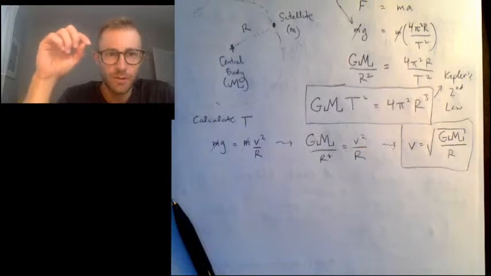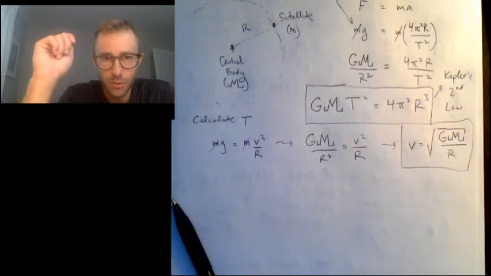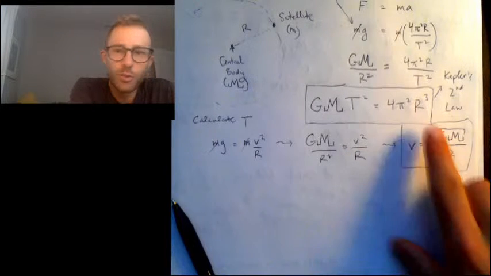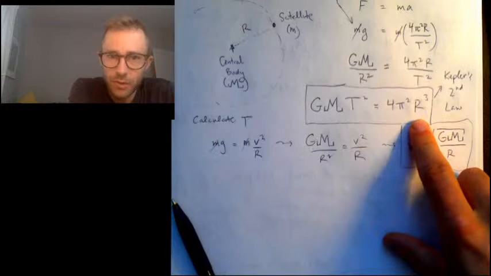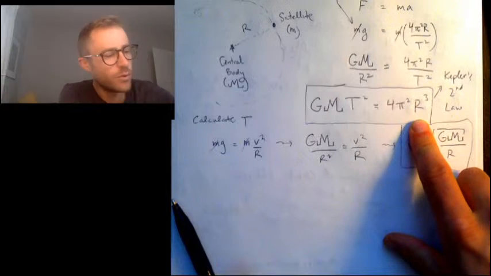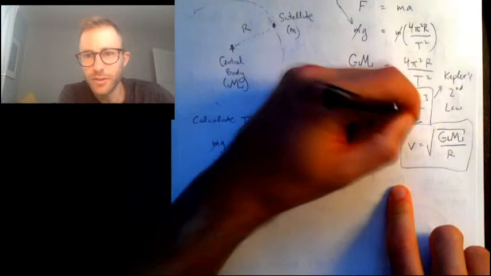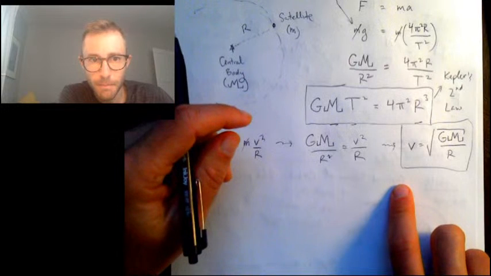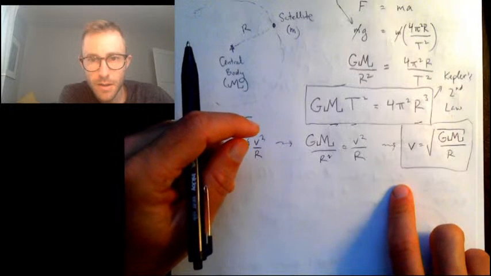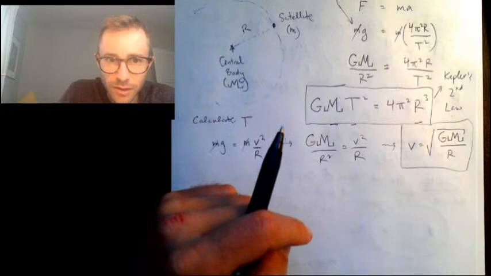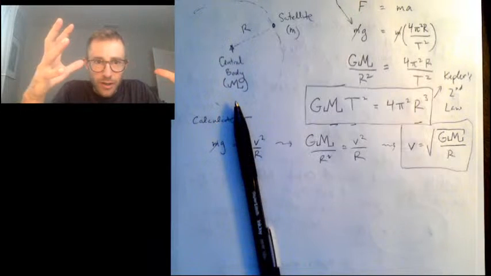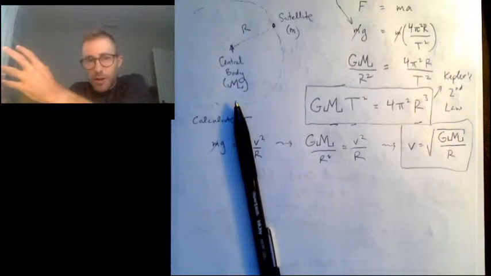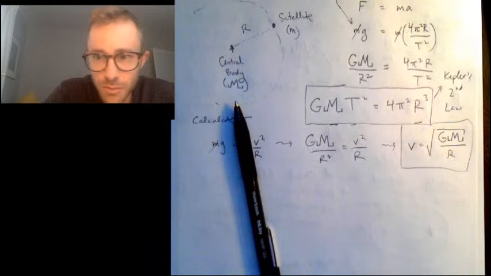So if you know the period of an orbit and you know the size of the orbit, you could calculate the mass of the central body. This is how we know what the mass of the sun is. No one has ever taken the sun and picked it up and put it on a scale to determine its mass.